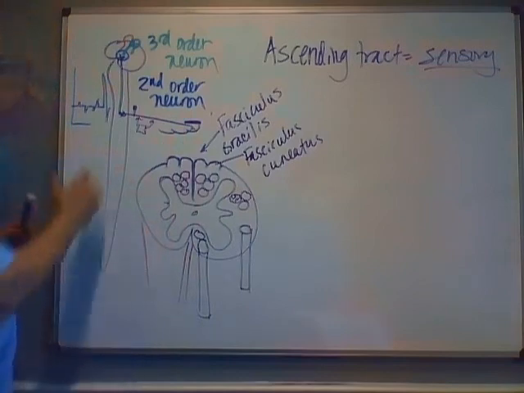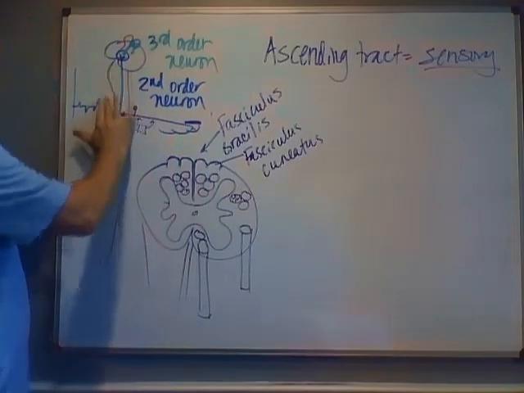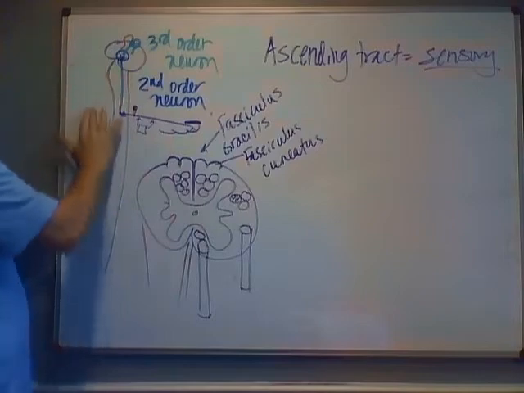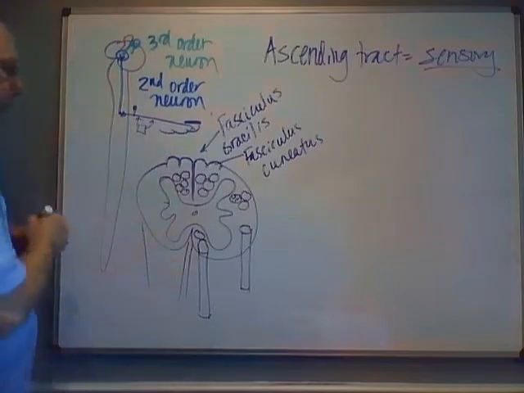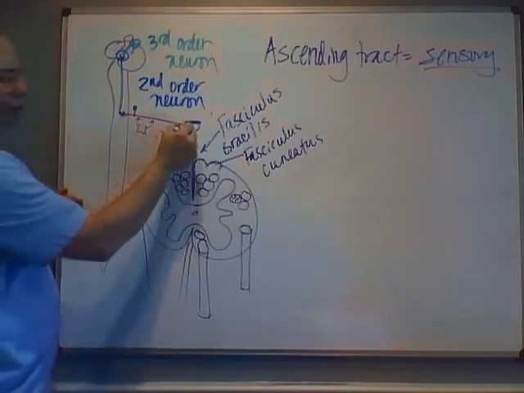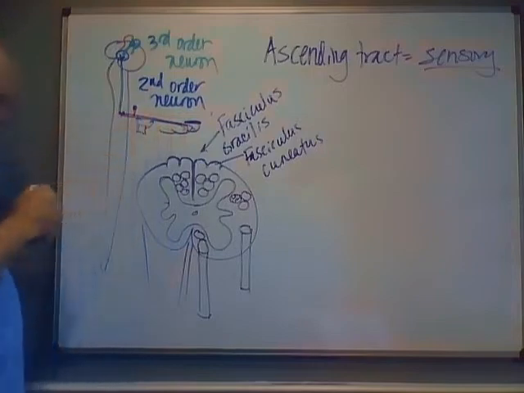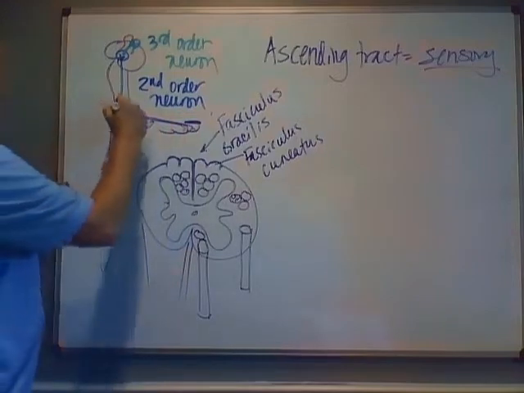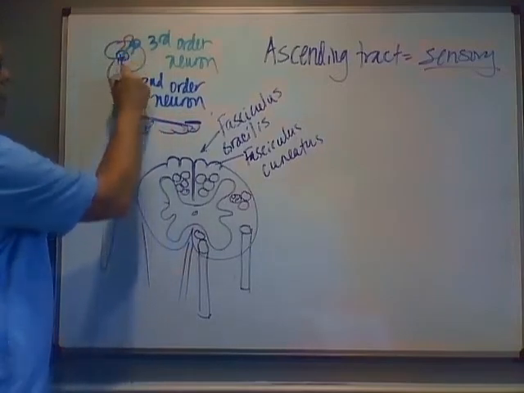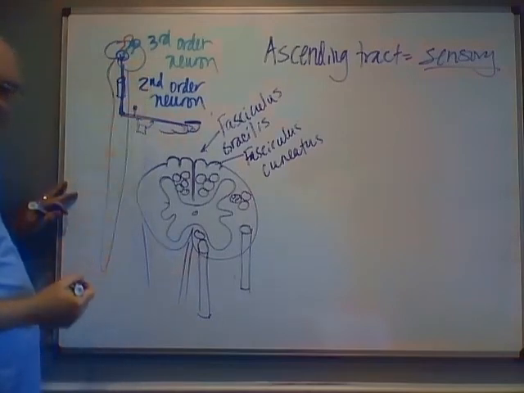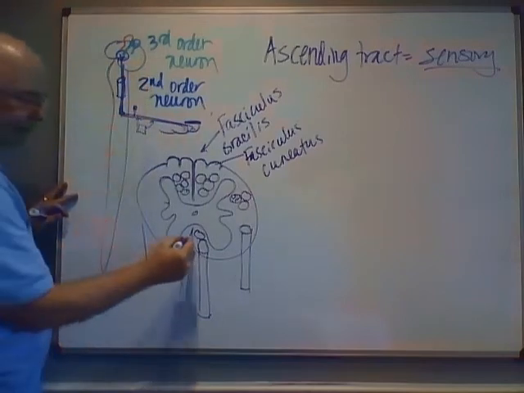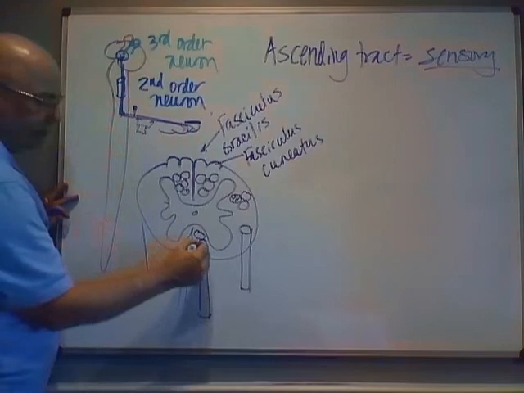For example, I'm going to erase this right here. I'm going to try to give you an example of what I mean so that all of this will make sense. If I have a bunch of sensations coming in from my finger, they're all going to synapse at a certain level of the spinal cord, and then all these axons going up are going to be bundled together. And they might be found, let's say, in this particular tract.